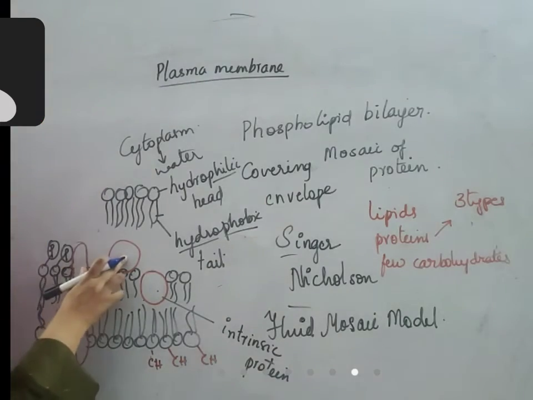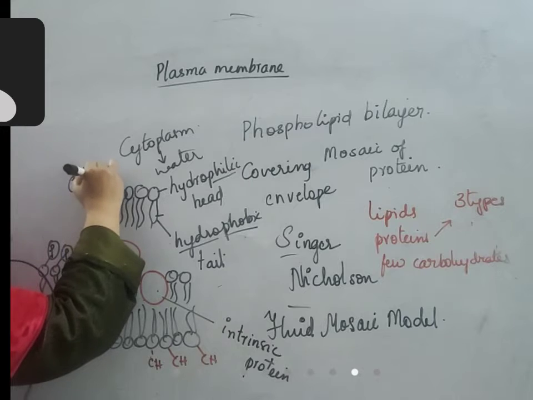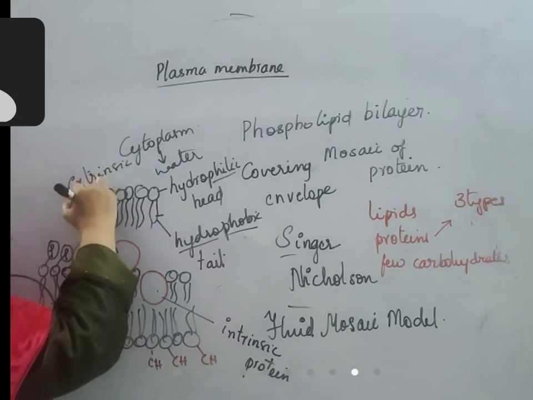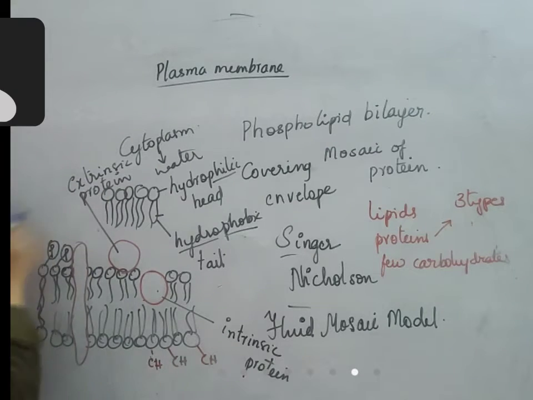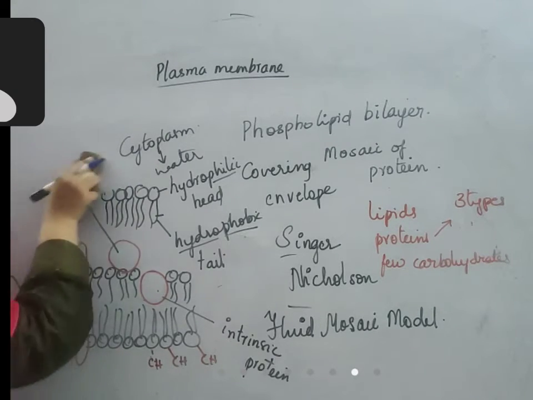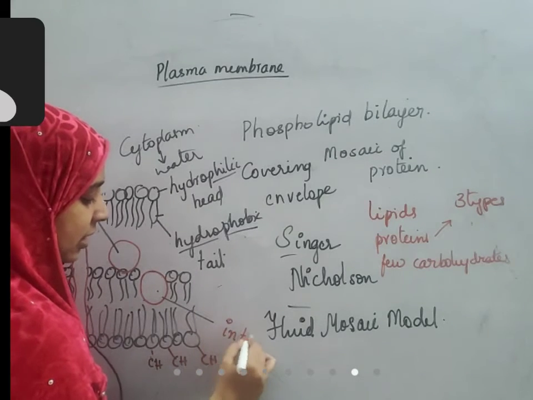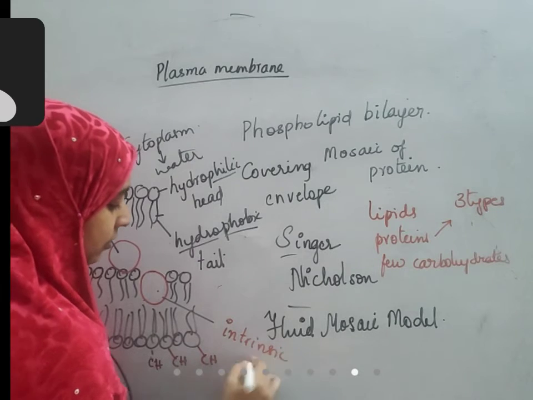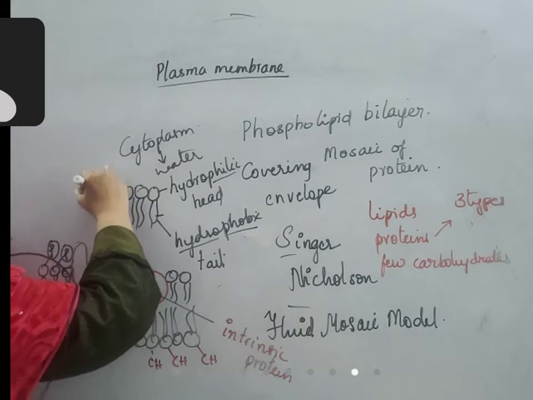And this type of protein which is outside the lipid bilayer is called extrinsic protein. I'll write with another color. This is intrinsic protein. This is extrinsic protein.